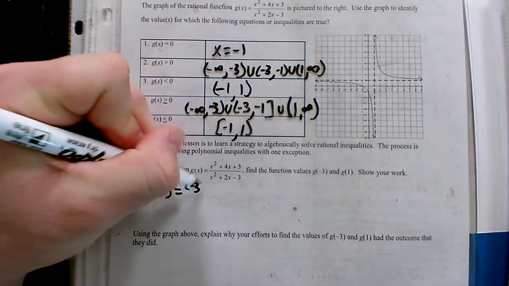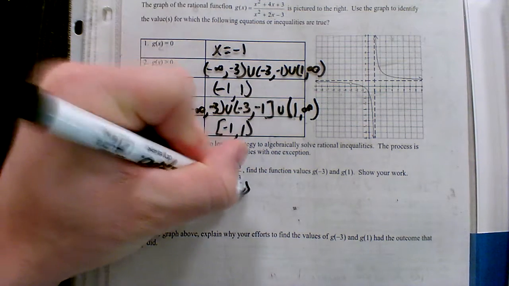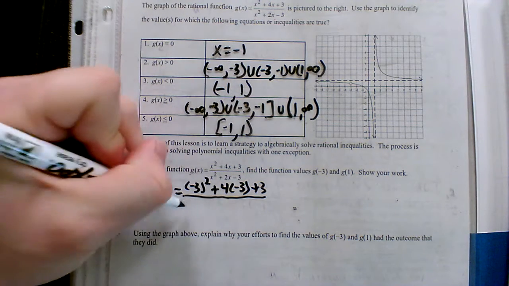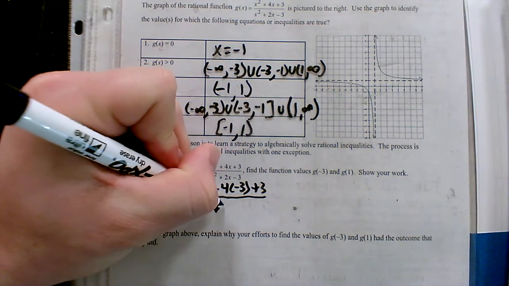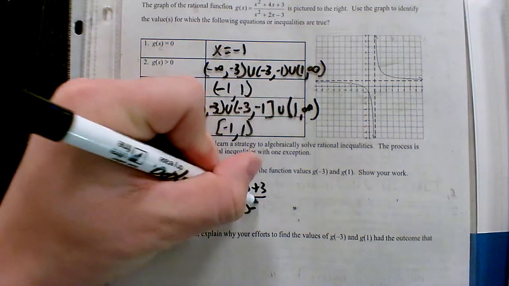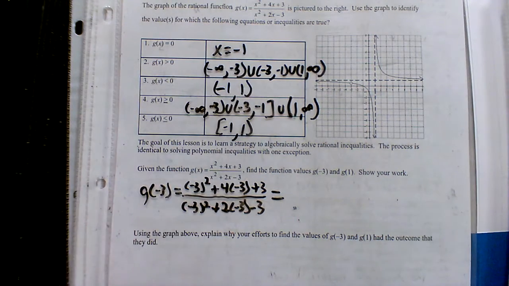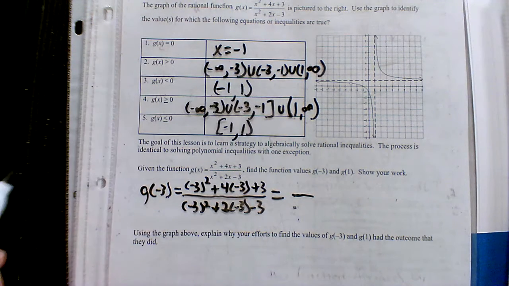So -3 squared plus 4 times -3 plus 3, over -3 squared plus 2 times -3 minus 3. Get a value for the top, get a value for the bottom. Don't type it all in your calculator at once. Just get the top value, get the bottom value, and we'll write both.